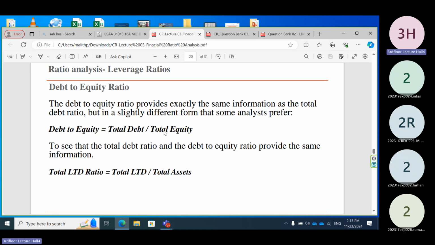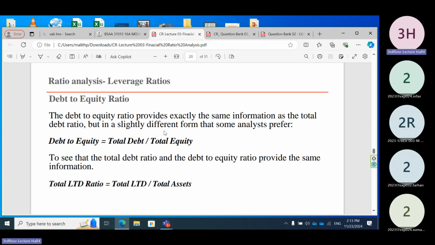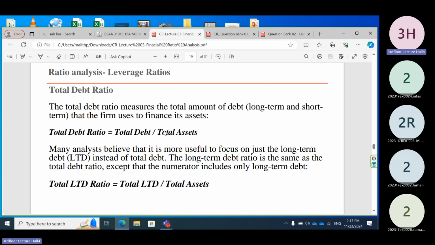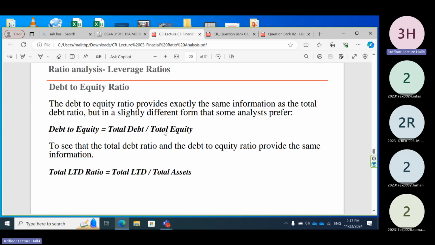If you have 50% total debt to total asset ratio, this one, the total debt ratio, it means that the debt to equity ratio is 50 to 50. It means 1 to 1. Simple, right?